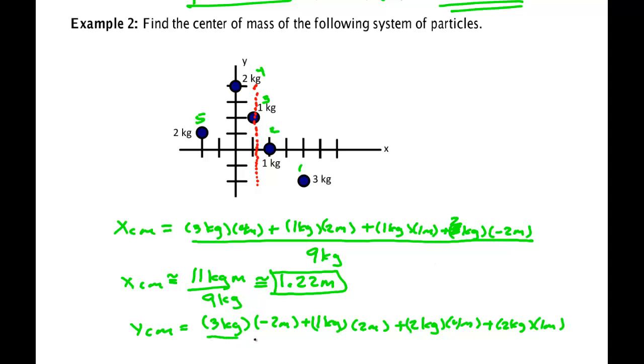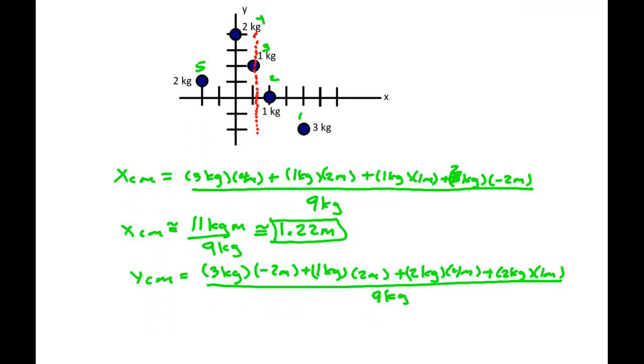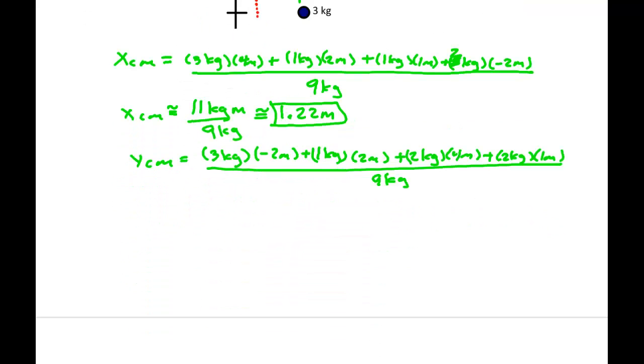And again, the total mass doesn't change. It's 9 kilograms. So we'll go and compute this one. So let's see, I have 3 times minus 2 is minus 6, plus 2 is minus 4, plus 8 is 4, plus 2 would be 6. Assuming I've got that right.